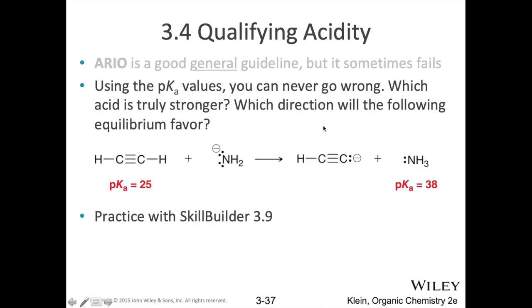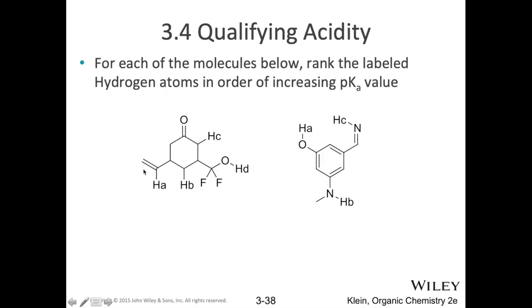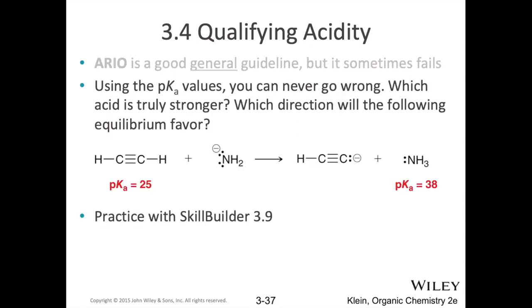But if we compare actual pKa values, you will see that the pKa value of ammonia is higher than that of our acetylene here. Okay, so generally watch out for weird exceptions like that. That's also probably another reason why it's good to know that pKa value for ammonia. It might help to also know the value for ammonium too.